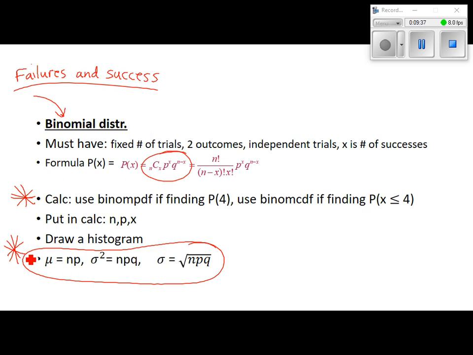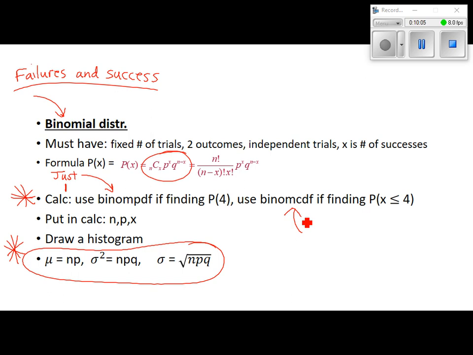On the calculators, when you're trying to find the probability of just a single thing, remember, if you're using PDF, that's just one. So if you want the probability that exactly 4 happens, then you use the binomial PDF. If you want from a certain number down, then you use binom CDF.